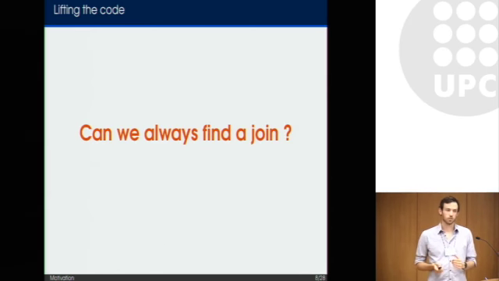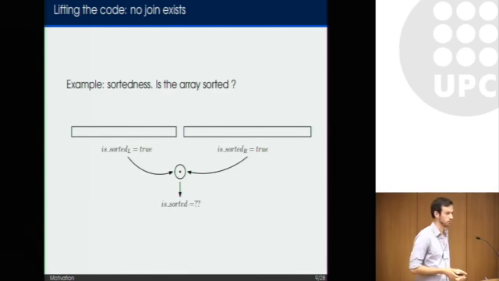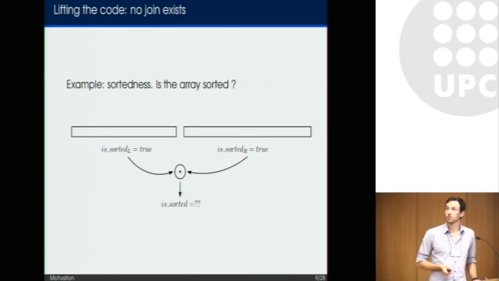And then, can we always find a join, whatever the loop we take as input? Of course, no. A simple example to illustrate that is the sortedness function. It takes a sequence as input and says if it's sorted or not.